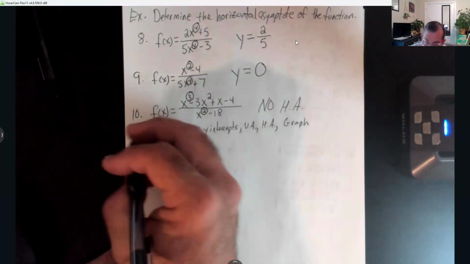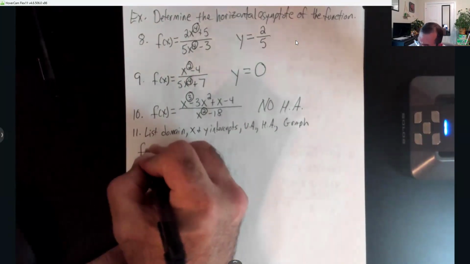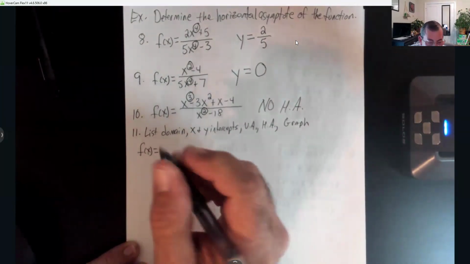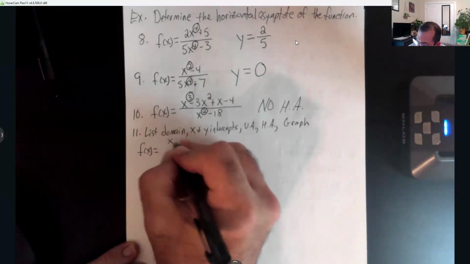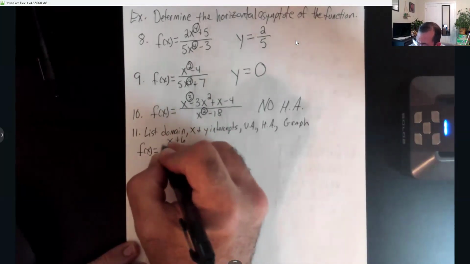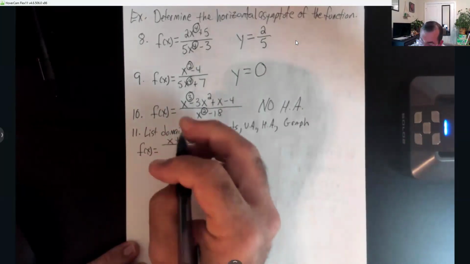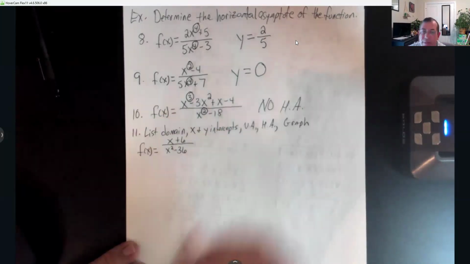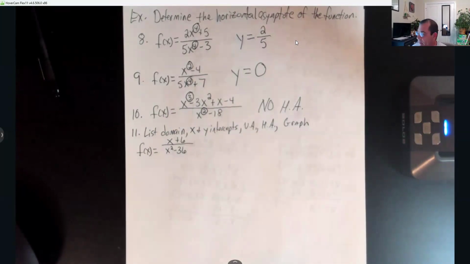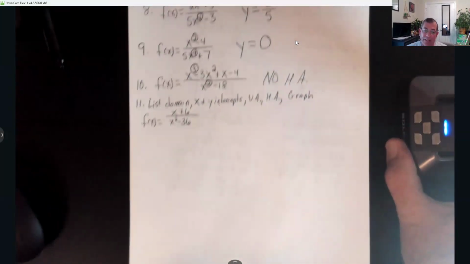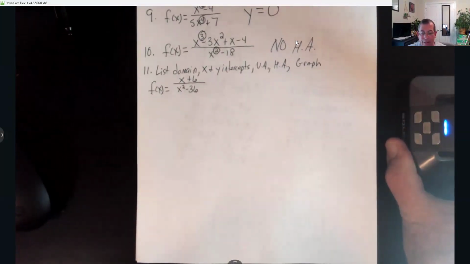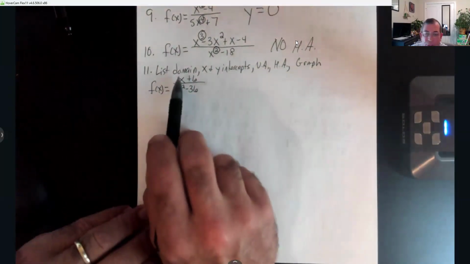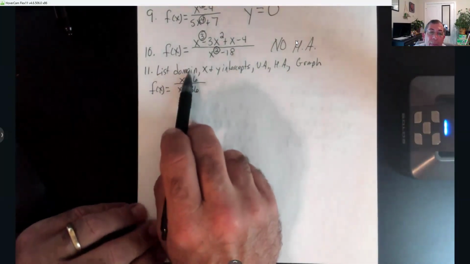All right, y'all, let's see my function. f of x equals x plus 6 over x squared minus 36. Now, y'all, what's nice is they want me to start out with the domain.